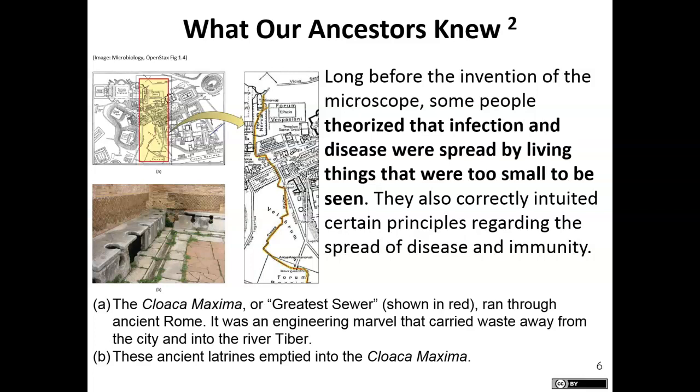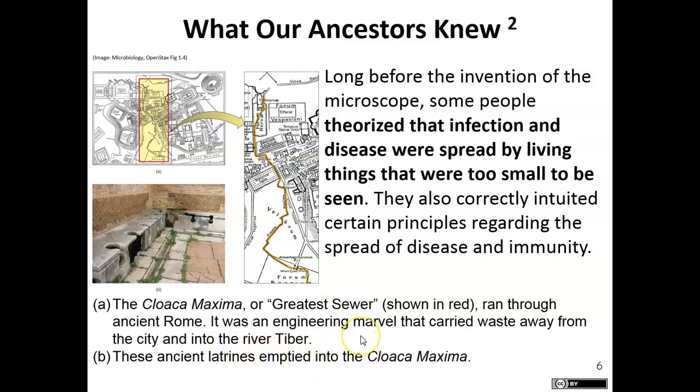And for this reason, in Rome, they actually made one of the first sewage systems. This took waste material away from the city, from the people, and moved it to a river.